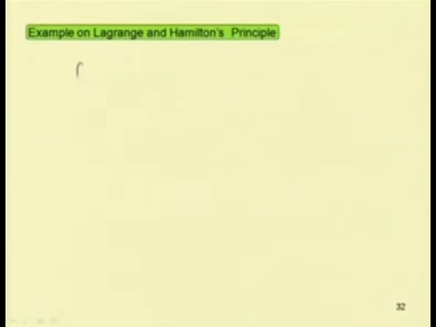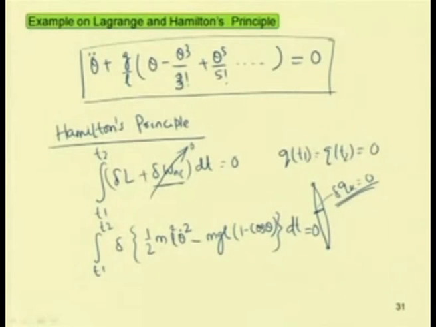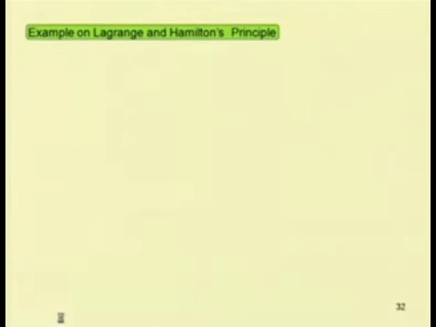So, now one can use this del operator in the system and derive the equation of motion. So, using this del operator one can write integration T1 to T2 of half, then m L square into 2 theta dot, so I can write this as m L square theta dot into del theta dot, minus mgl.